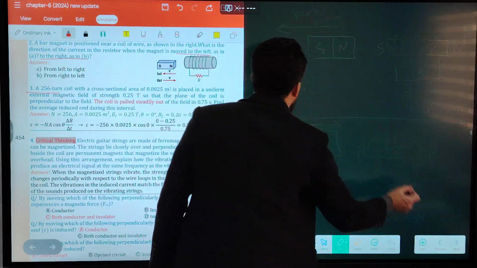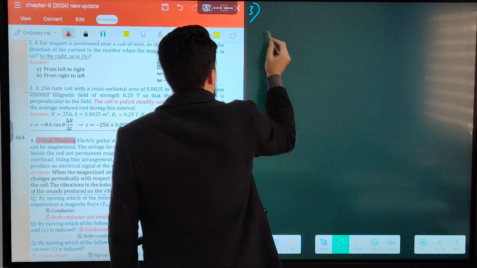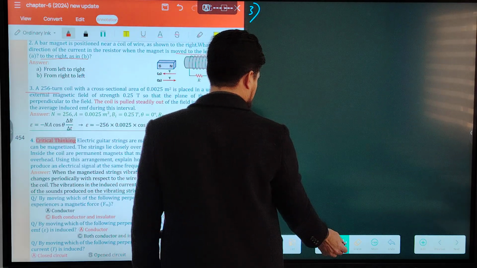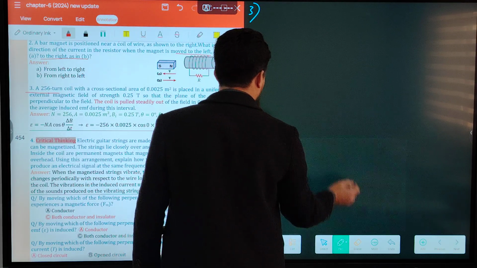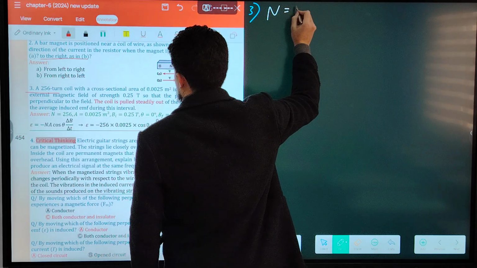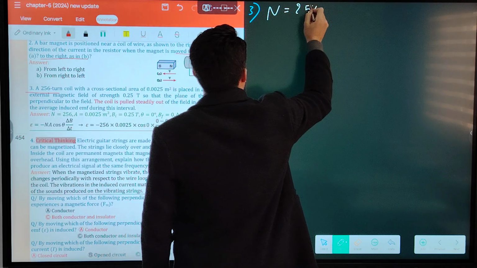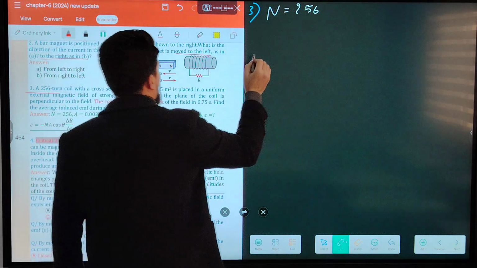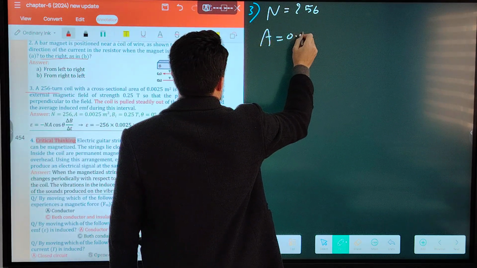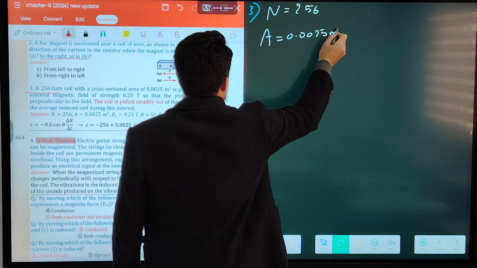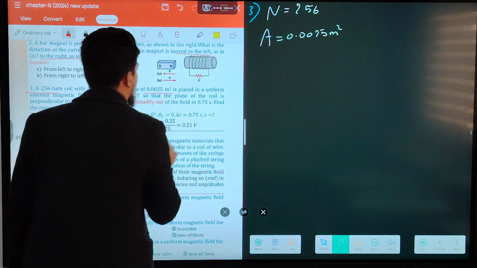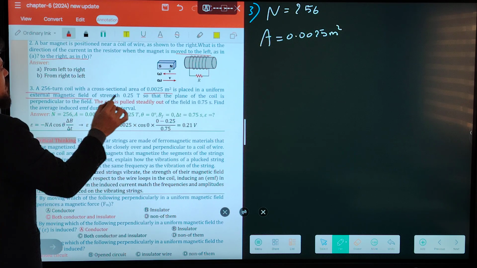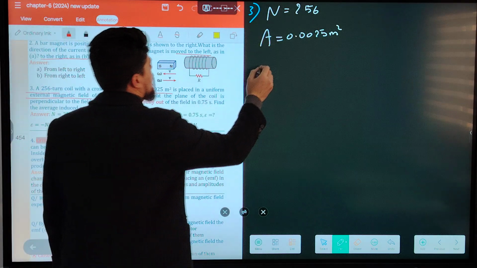A coil with a cross-section area of 0.0025 meters squared, this is the area, is placed in a uniform external magnetic field of strength 0.25 Tesla.